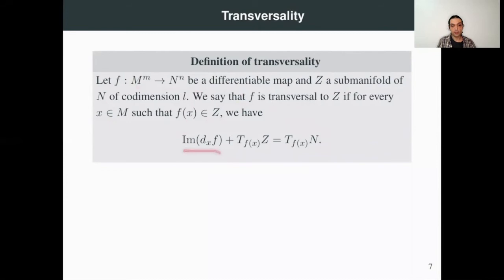The image of the differential of F at the point X plus the tangent space of the submanifold at the image of X is equal to the tangent space of N at the point F of X. If we have that for every X such that its image by F is in C, then we say that the map F and the submanifold C are indeed transversal, are indeed transverse.